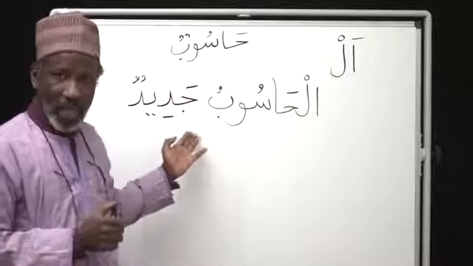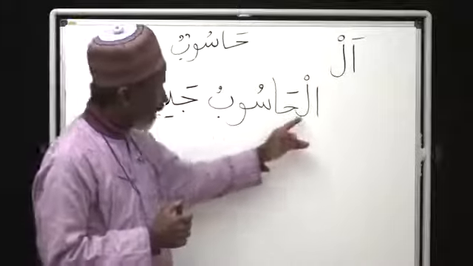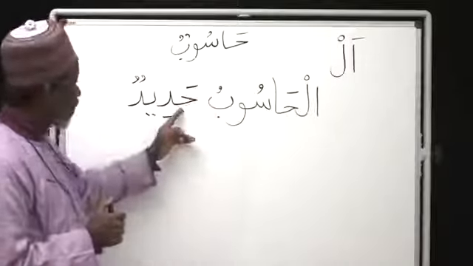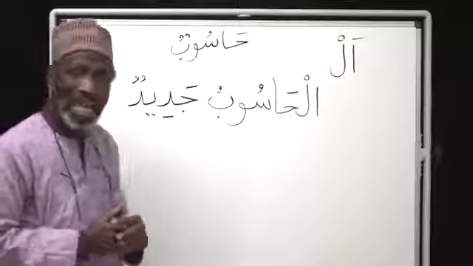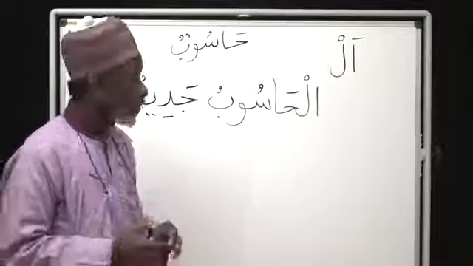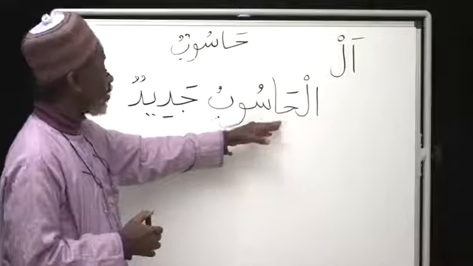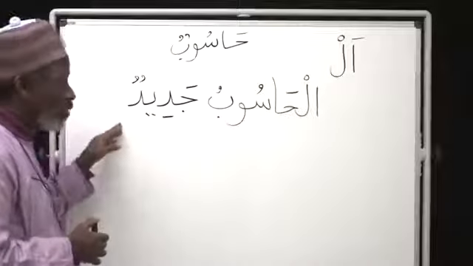What's the literal meaning of this? The literal meaning is the computer, and the literal meaning of jadidun is a new. So what you are looking at, literally speaking, is the computer a new.